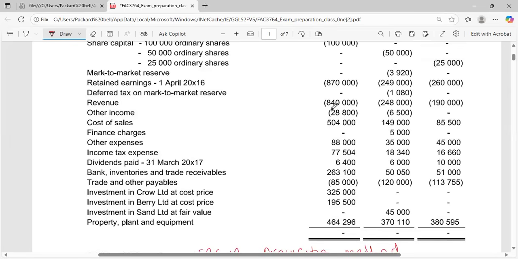The revenue is 840 plus 248 plus 190. Then we adjust with the intra-group transactions that need to be eliminated. Let's see how we put it on paper.